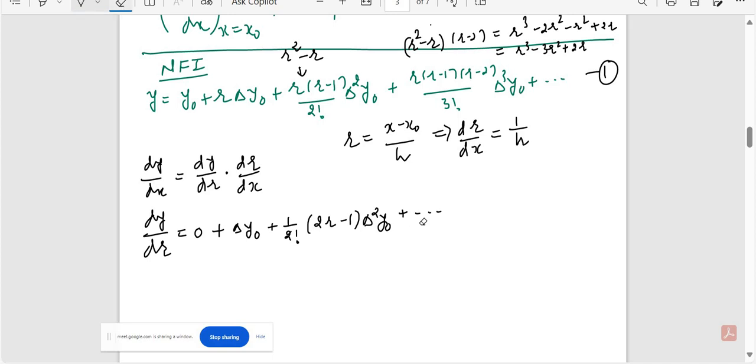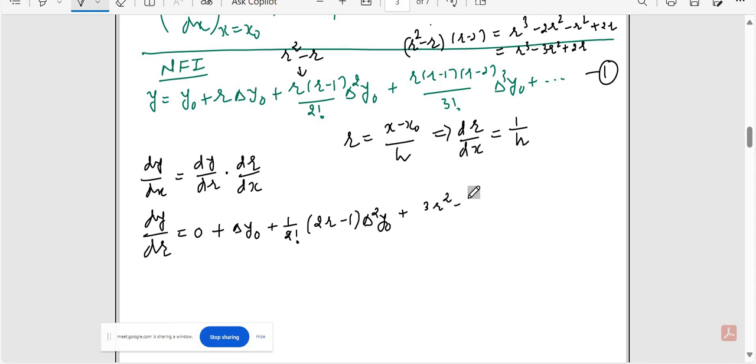Now differentiate it. We get 3r square minus 6r plus 2 divided by 3 factorial into delta cube y0. Now continue in this way. Clear, everybody?